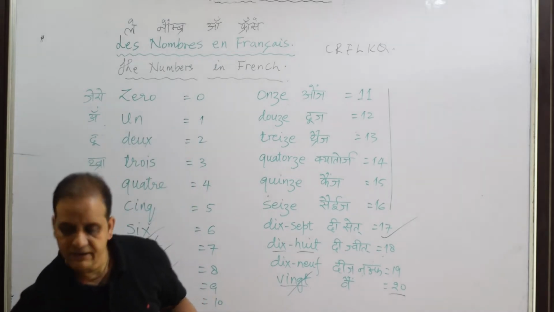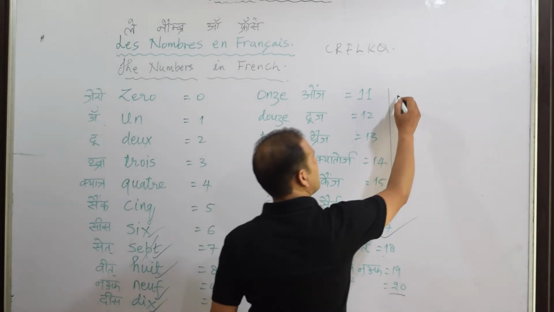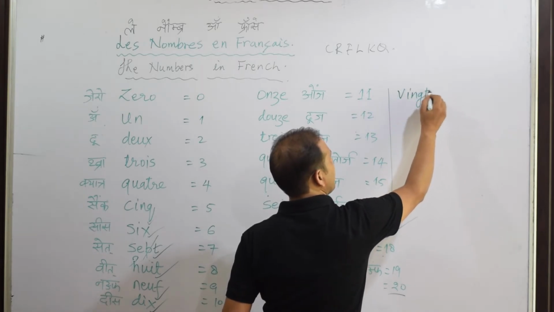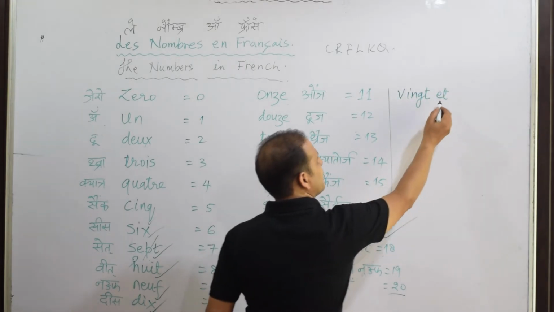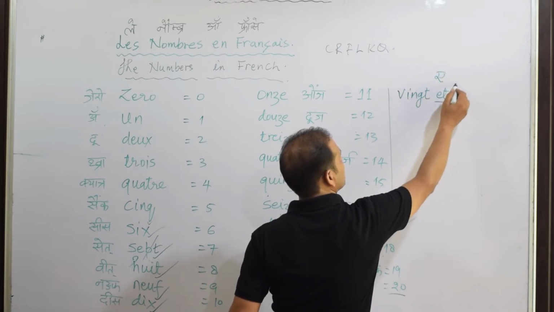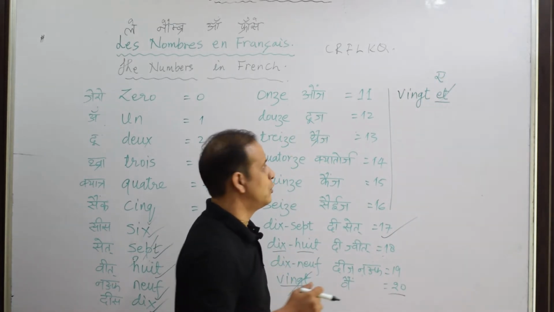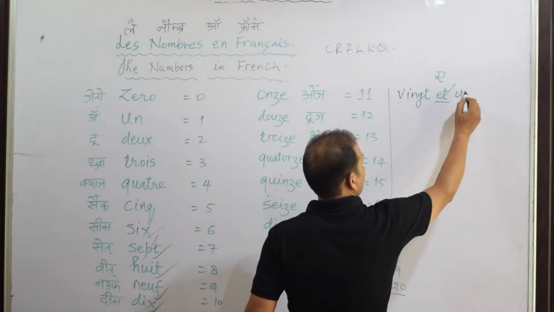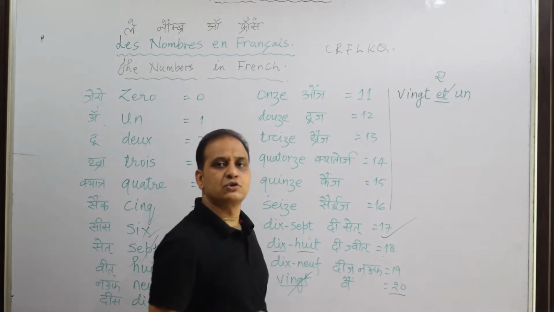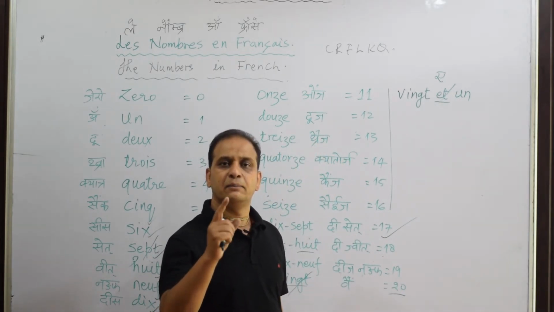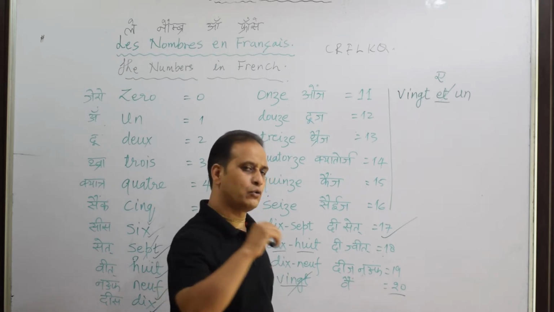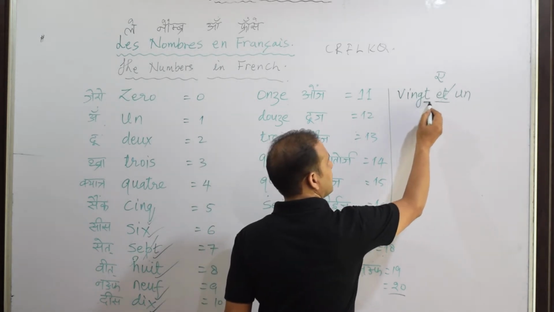What is that? I will tell you. You know, 20 is 20, and then we pronounce it as A because the last consonant is mute. I have taught you one rule. What is that?